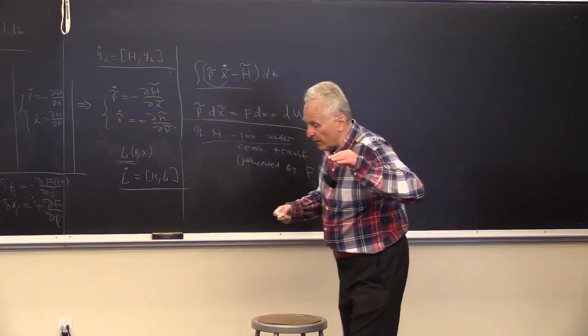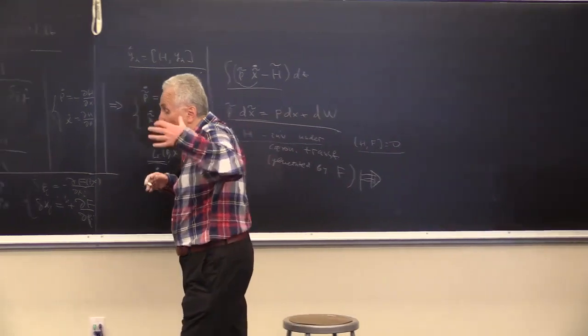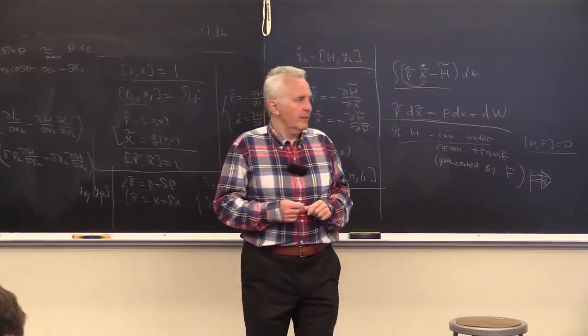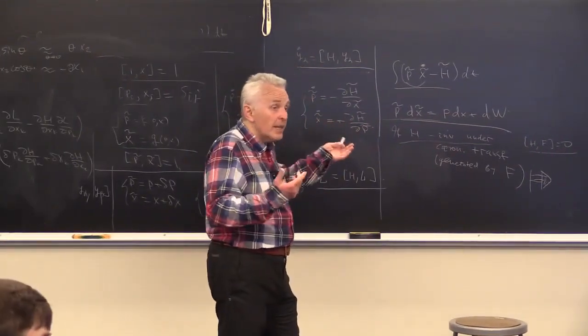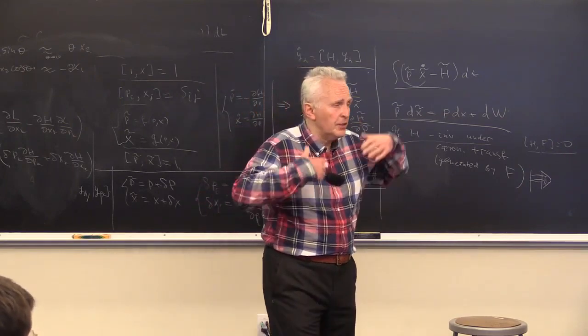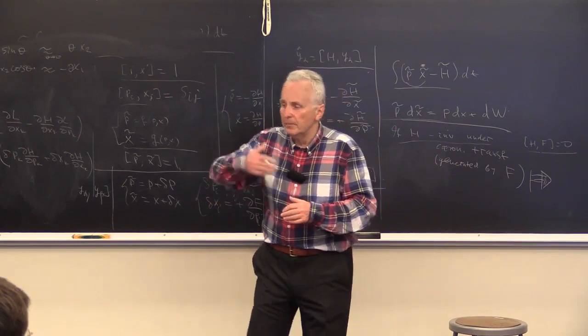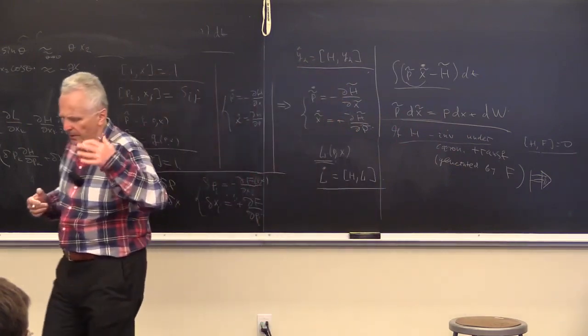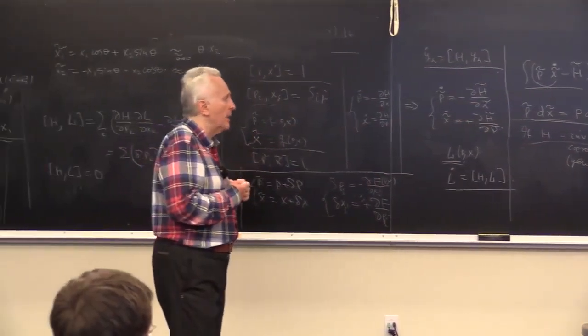And this condition for invariance, what is the physical aspect of it? That F is conserved. So we are talking about Noether theorem, but generalized Noether theorem. Noether theorem in the phase space, not in coordinate space.